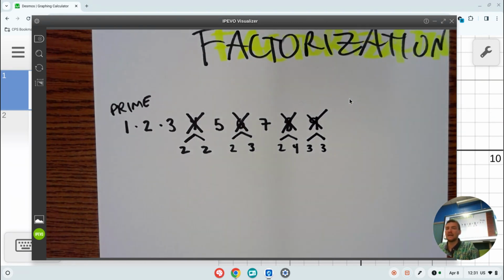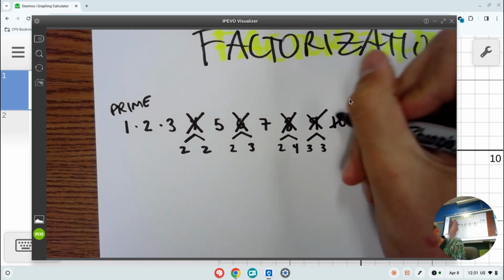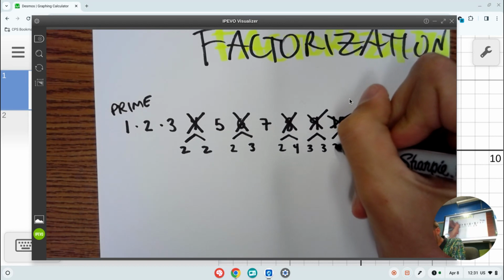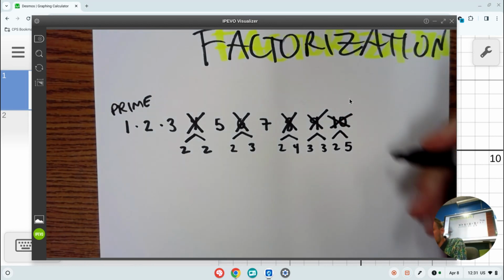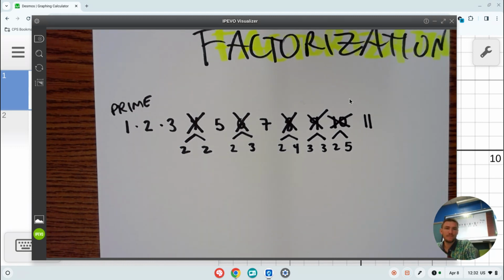And so you can tell prime numbers are getting a little bit more rare. What about 10? Well, 10 is an even number. 10 can be divided in half. It's 2 times 5. 11 is the next prime number. Now, we're just going to stop here, okay?